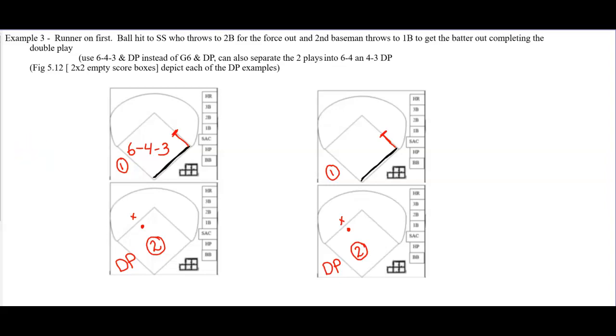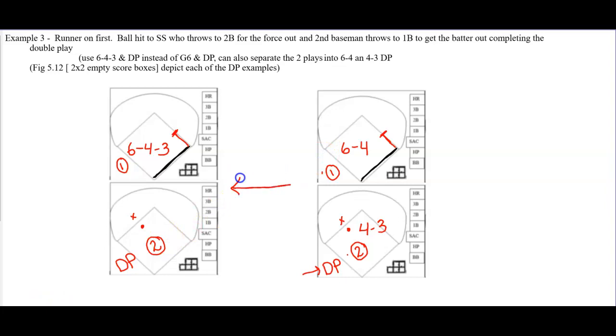Now, since we like to show how the out was made for that specific out, the first out was made by the shortstop throwing the ball to second base for out number 1. And out number 2 was actually made by the second baseman turning and throwing to first base for the second out, which completed our double play.